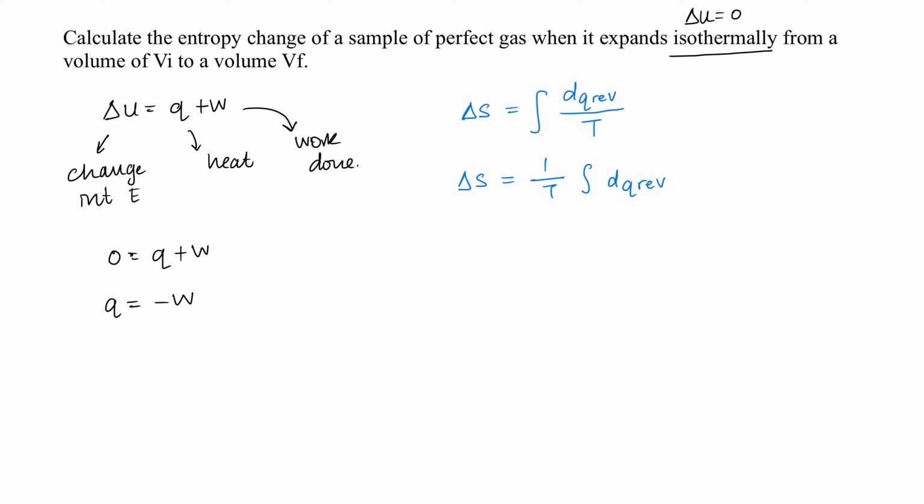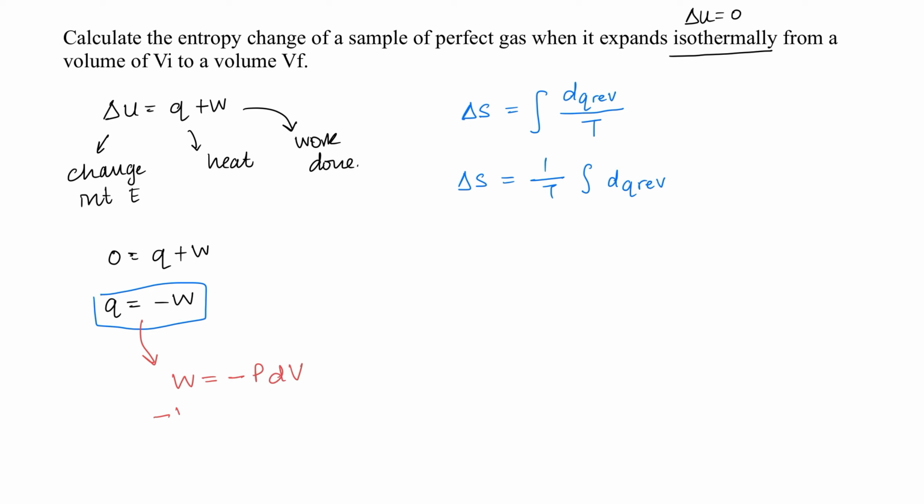So it is the heat of the reversible process. Now, we know that Q is equal to minus W. And we also know that for any gas that's expanding reversibly, we can calculate the work done as follows. W is equal to minus P dV.